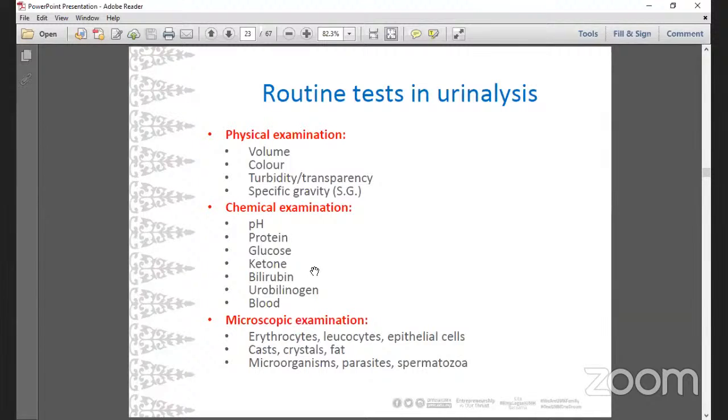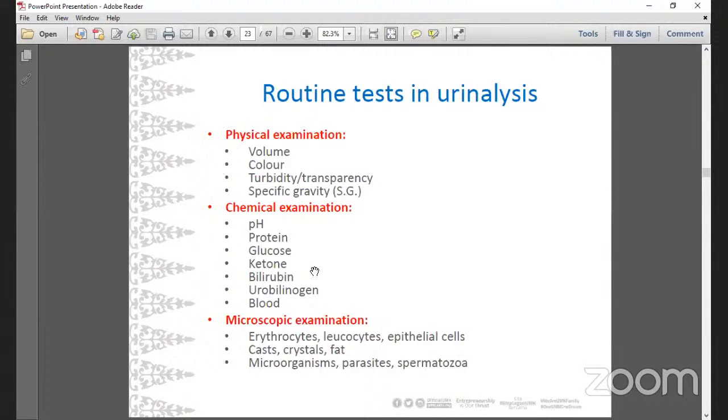And then the specific gravity is the ratio of the density of urine to water, and the categories are hyposthenuria, isosthenuria, and hypersthenuria. The next one is chemical examination. We can check the pH, the bilirubin, glucose, ketone, urobilinogen.